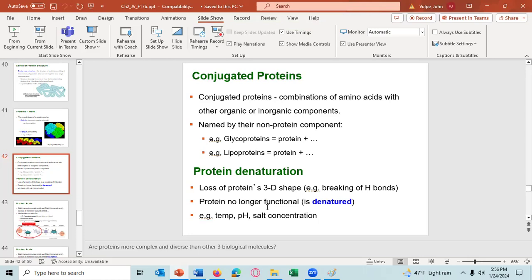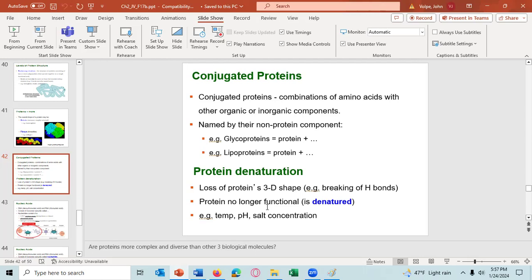Then you change it further and the shape is partially still there, but a lot of it's gone. So the function is still present, but a lot of the function of the protein is gone. And then when the protein is totally denatured, the protein will not be able to function.